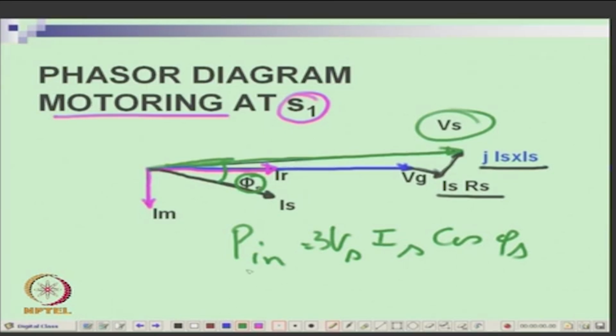Okay. Now, when you can do this for positive S, you can do it for negative S also. That means, what changes you find from this phasor diagram if you have a negative S, which phasors will change if S is negative, the slip is negative?